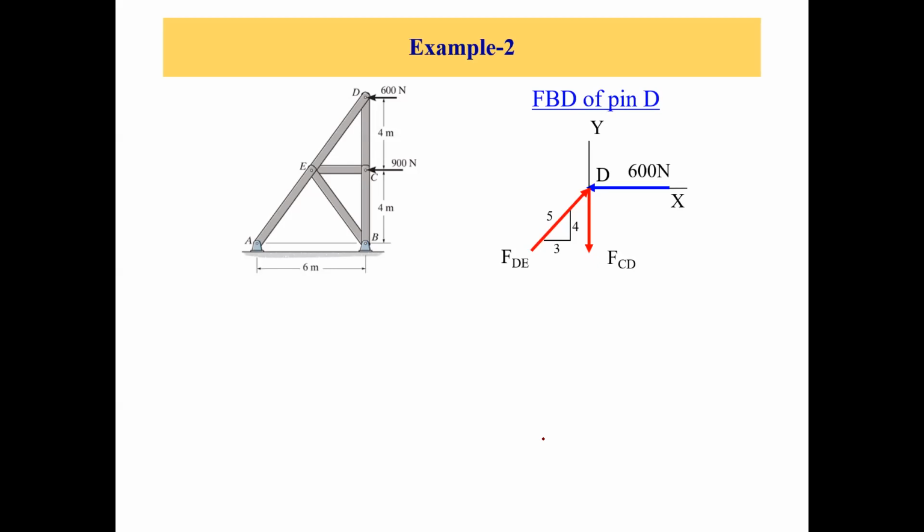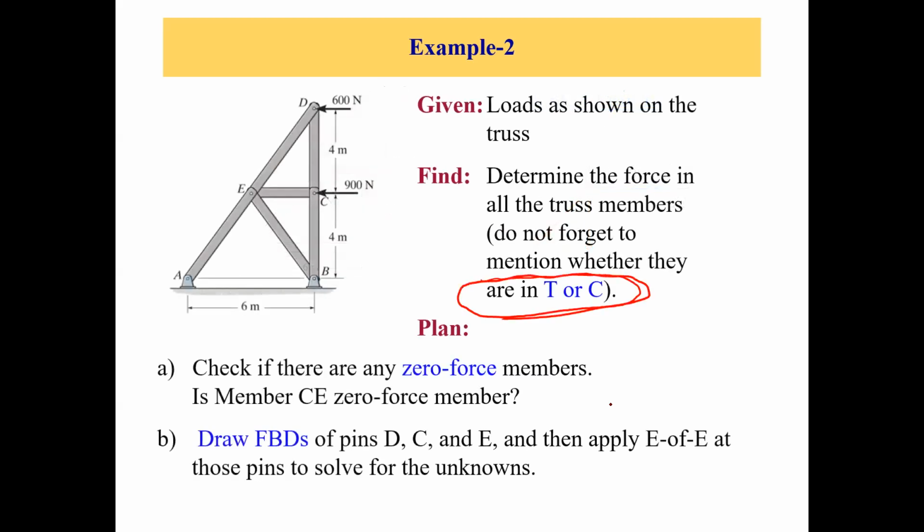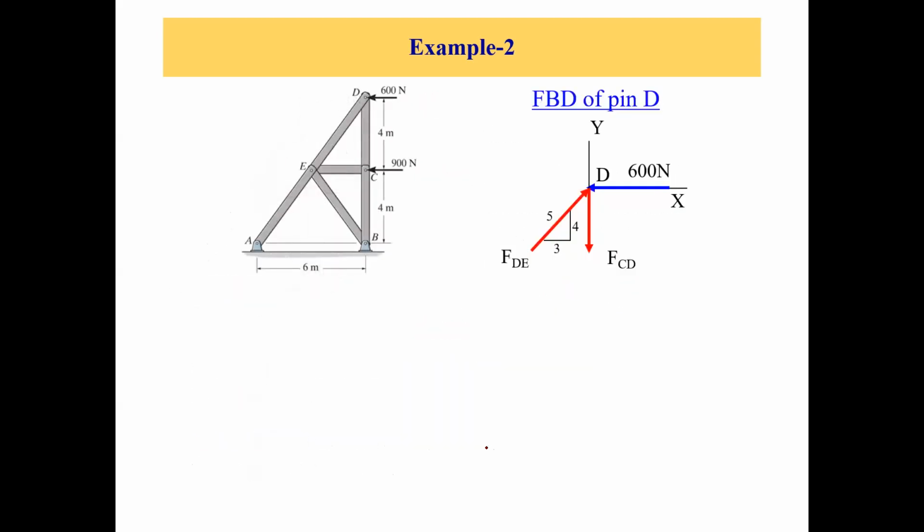Before that, there was one question here: is member CE a zero force member? Let's look at this diagram. What about member CE? Let's take a look at joint C. We have three members. Two members are collinear, CD and CB, while CE is a non-collinear member.